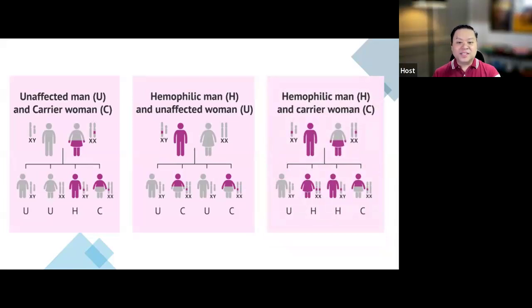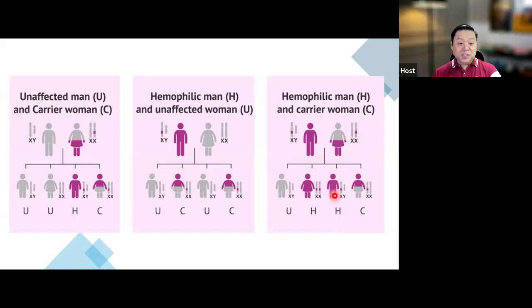Now, the son here with hemophilia: one of the sons could possibly inherit the X chromosome with the hemophilia gene mutation from the mother, and the Y chromosome from the father. Pay attention here. The Y chromosome from the father does not carry that mutation, and so he will have that chance to be a hemophilic person.